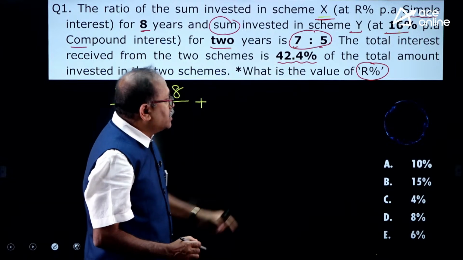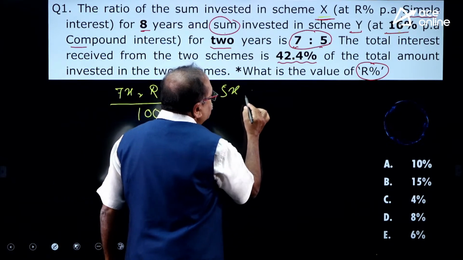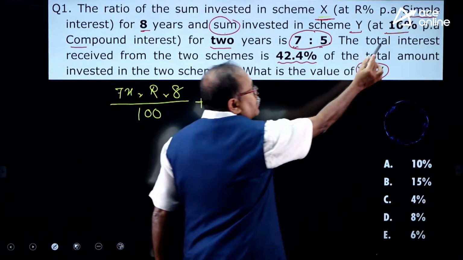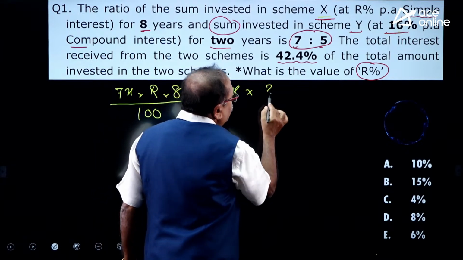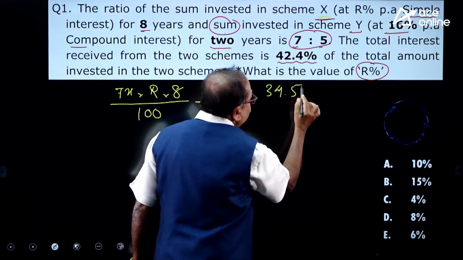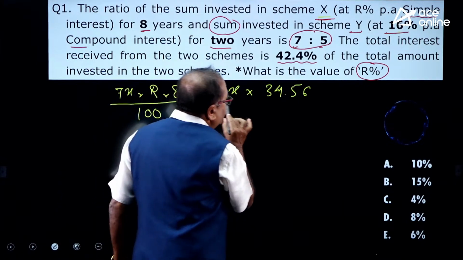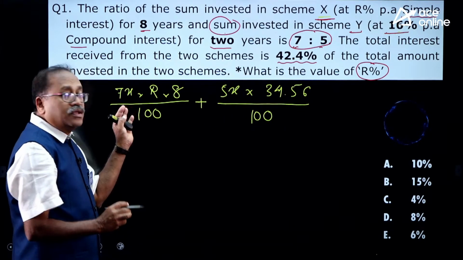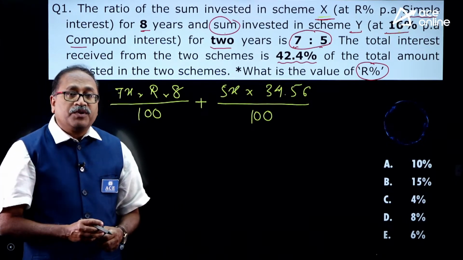That is 5x is the second principal, into 34.56 for 2 years of compound interest, by 100. This will be your total interest, the sum of the interest received in simple interest and also in compound interest.